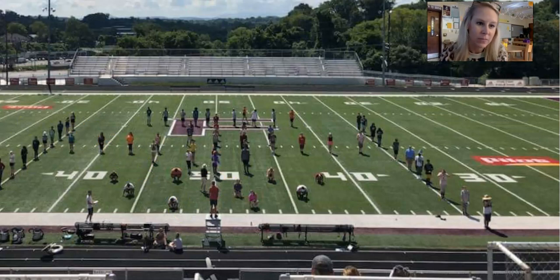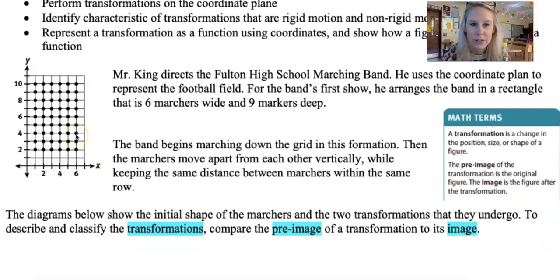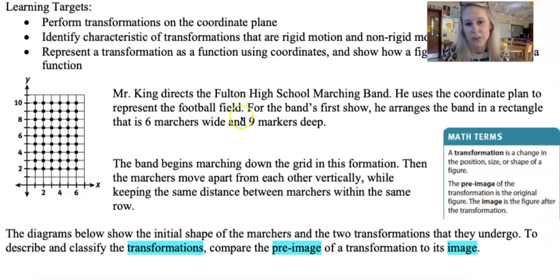Okay, so let's talk about this. It says Mr. King is directing the Fulton High School marching band. He uses the coordinate plane, which he really does this, to represent the football field. For the band's first show, he's going to arrange the band in a rectangle that is 6 marchers wide and 9 marchers deep. So here are our marchers.